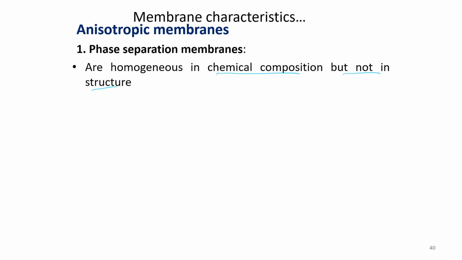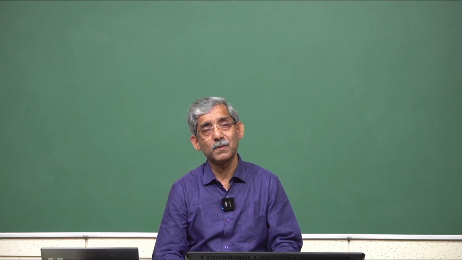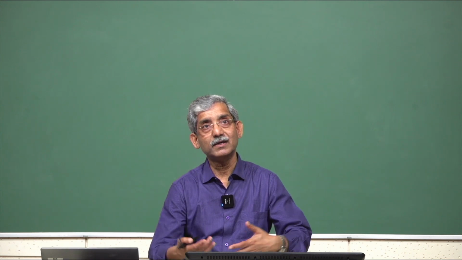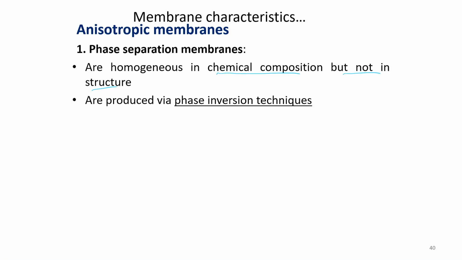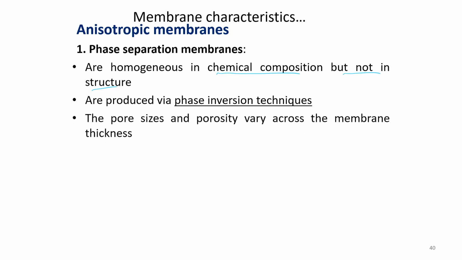The chemical may be the same, the polymer may be the same, but we are creating the anisotropic structure. These are produced via the phase inversion technique. The pore size and porosity vary across the membrane thickness. That is the important point.